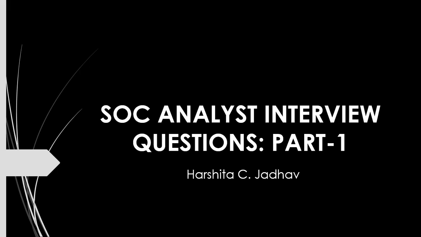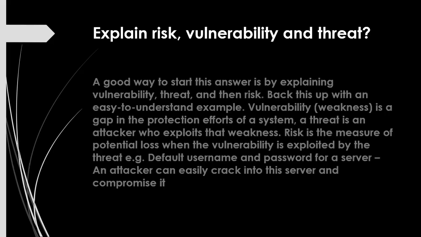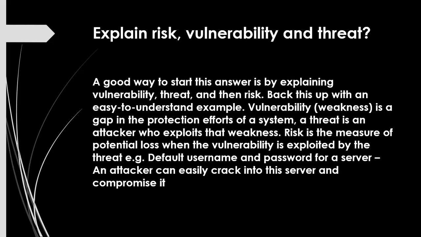Okay, so our first question is, explain risk, vulnerability, and threat. A good way to start this answer is by explaining vulnerability, threat, and then risk. Back this up with an easy to understand example. A vulnerability, that is a weakness or a loophole, is a gap in the protection efforts of a system.